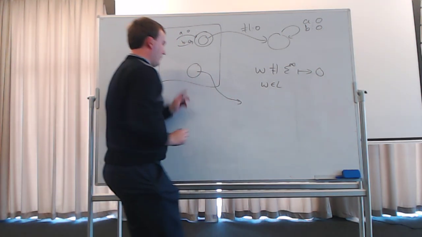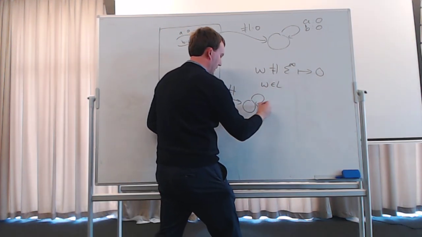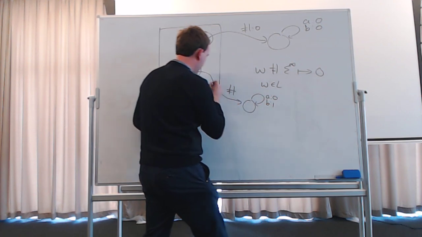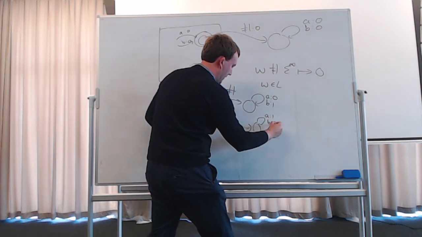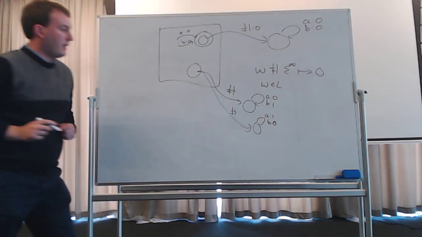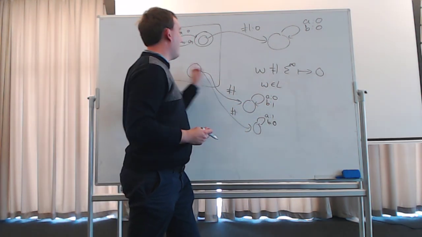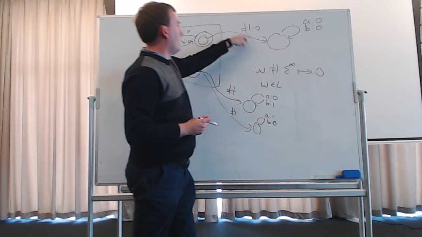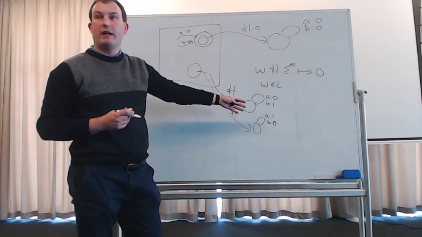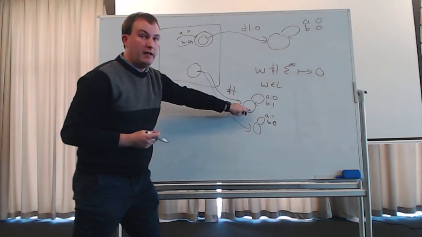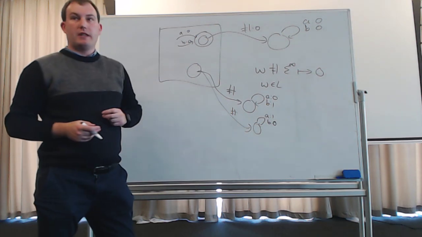If from a non-accepting state I go to a different part of the automaton, where I do A with 0, B with 1, and A with 1, B with 0 in different states, then if there was also a run to an accepting state, following it would be better because it has weight 0. So these will only be the minimal runs if the word was not in the language.